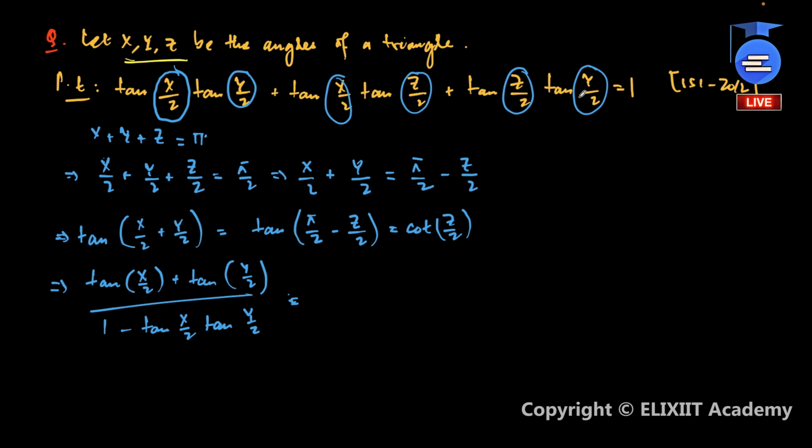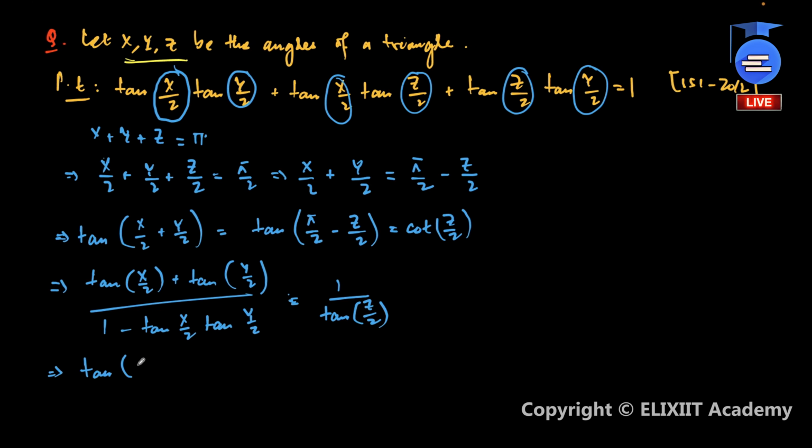Here we don't have any cot terms in the expression we need to prove, so better I change this into 1 upon tan z by 2 and then cross multiply, because ultimately we need to cross multiply in order to get our required proof. So now I cross multiply, and we are done.